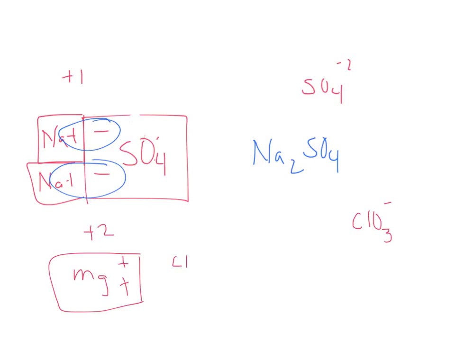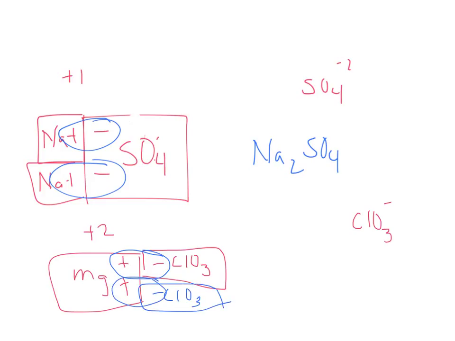So my ClO3, it's all one thing, can only pick up 1 electron. So I can see that I'm going to have to bring in a second chlorate in order for magnesium and chlorate to bond together.